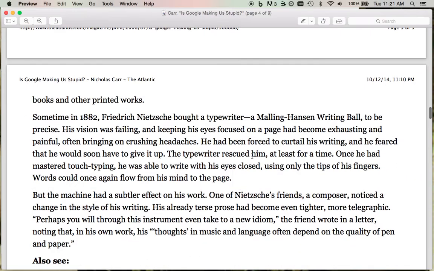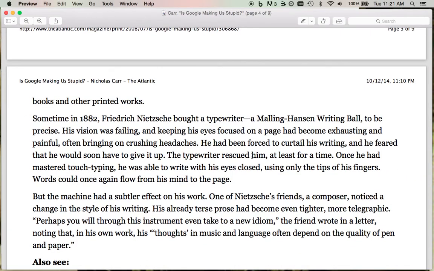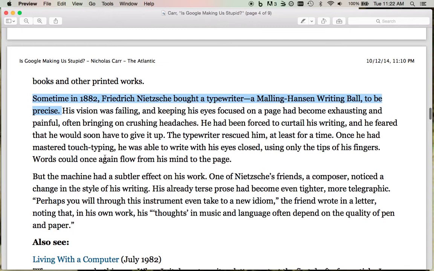So now he's presented some of his initial evidence, we might call it, for his point about the internet's impact on the brain. In this sentence, we notice he's going to do something different. Kind of out of the blue, he says, sometime in 1882, Friedrich Nietzsche, famous philosopher, bought a typewriter. And so we can see right here he's signaling a different kind of evidence.